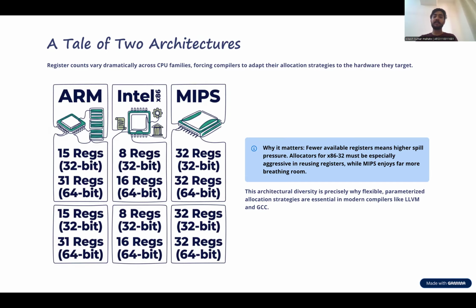When more registers are available, the compiler gets more freedom and can keep more variables inside the CPU. Because of this, different compilers such as LLVM and GCC use strategies that adapt to the target processor. So register allocation is not one fixed method. It changes according to the CPU architecture.